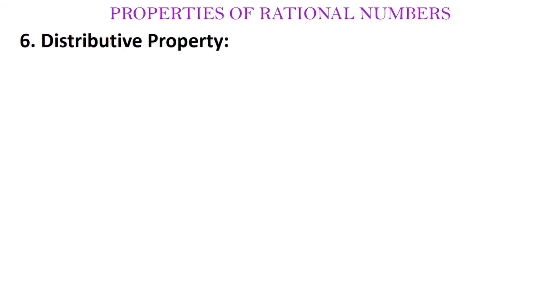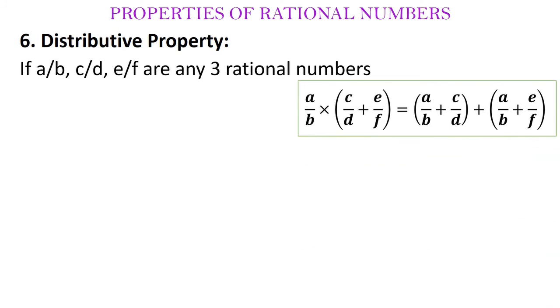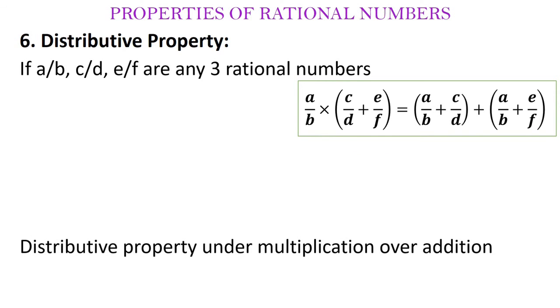Distributive property. If a/b, c/d, e/f are any three rational numbers, a/b into (c/d + e/f) can also be expressed as a/b into c/d plus a/b into e/f.